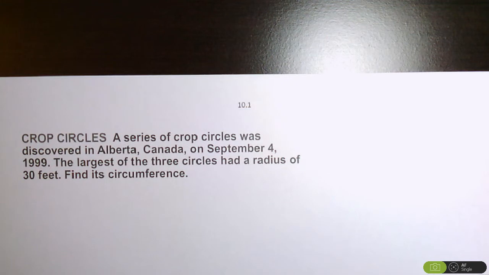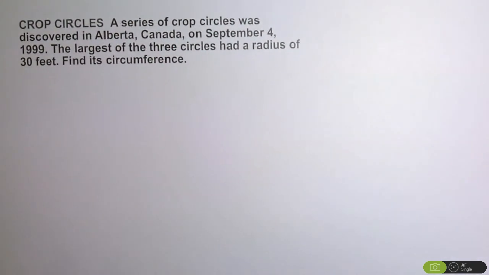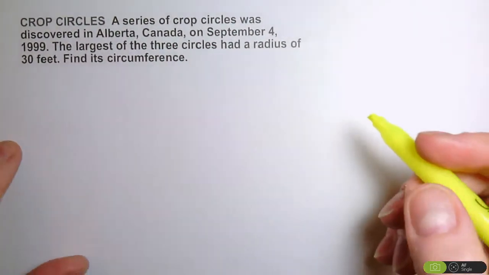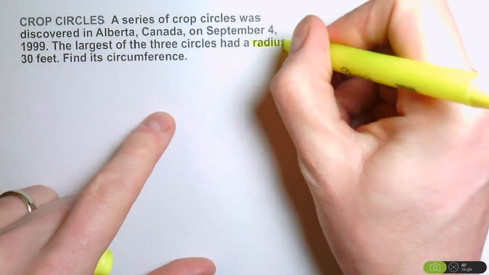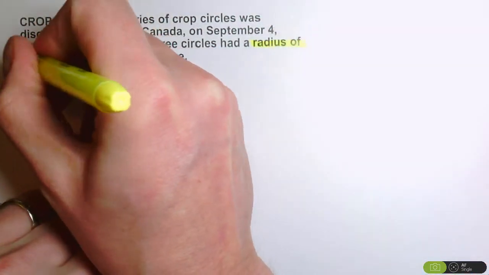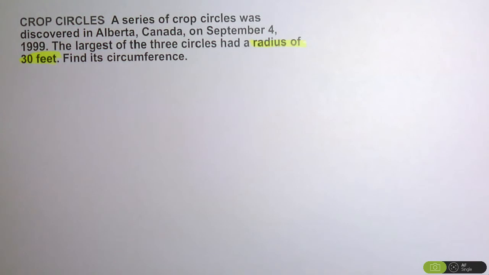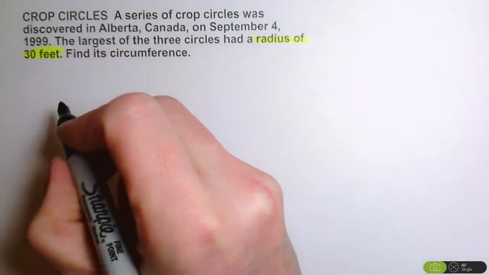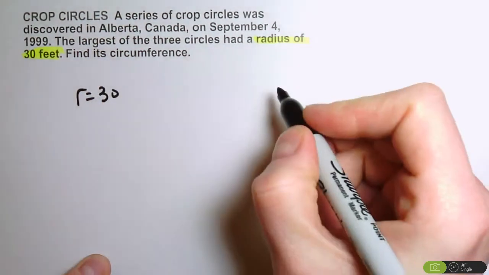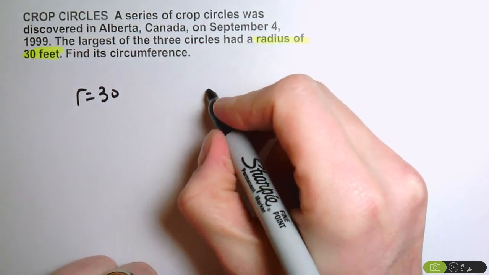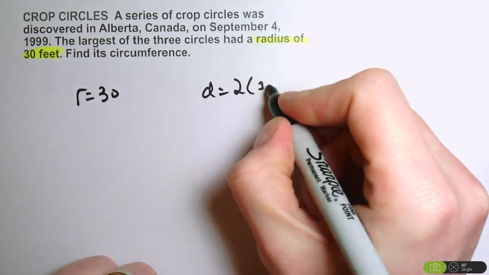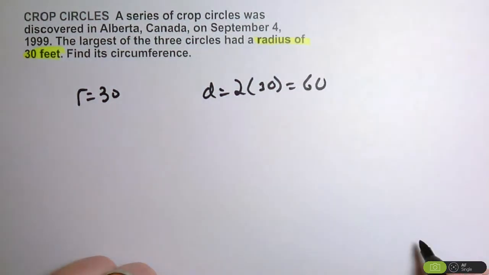Okay, so let's take a look at this problem. So we have to figure out, what do we have? I have a circle, looking for circumference, and they gave me the radius of 30 feet. Okay, so if I know r is 30, I could do one of two things. I could find the diameter, which is 2 times 30, which is 60 feet then.